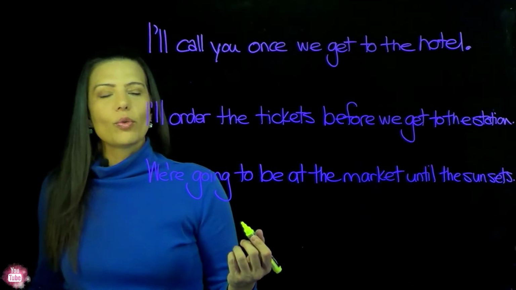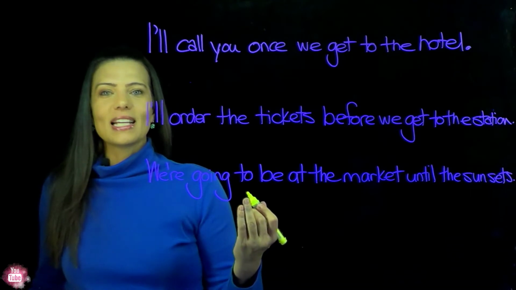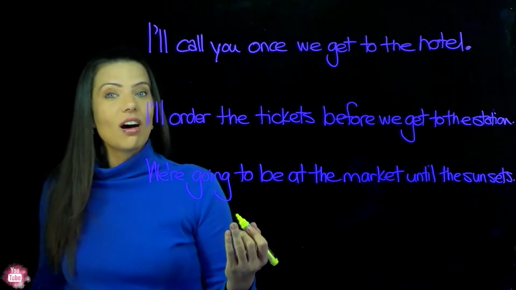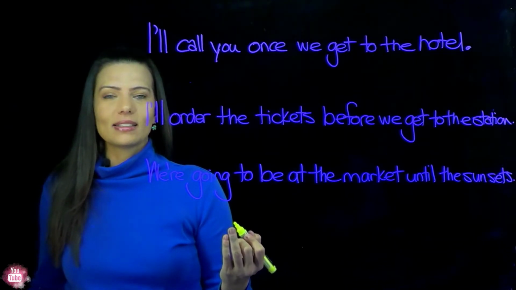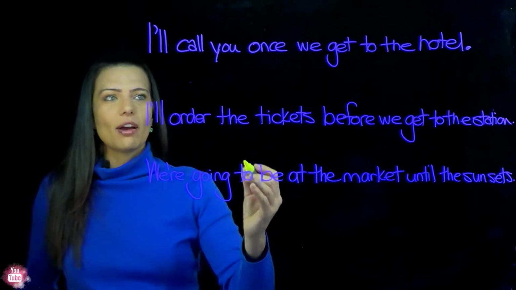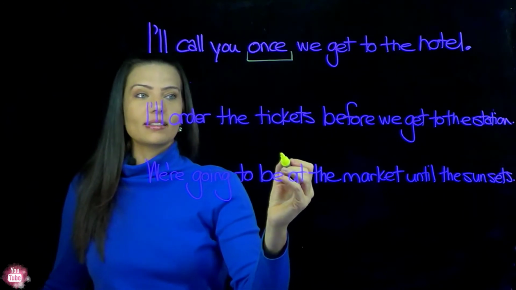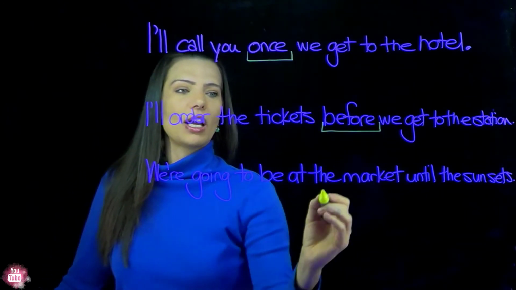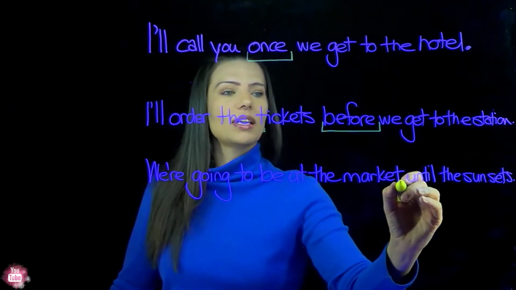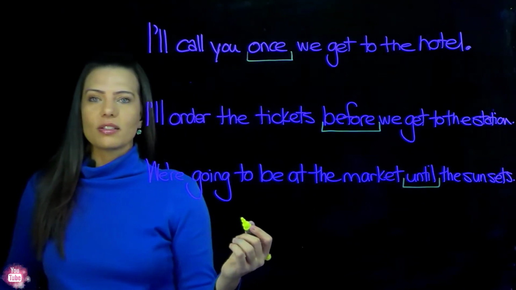Now, one thing that you're going to notice with these examples is that the future time word is not at the beginning of the sentence. In these cases, we have the future time word in the middle of the sentence. So if I take a look at where these are located, we can see that they are in these locations.